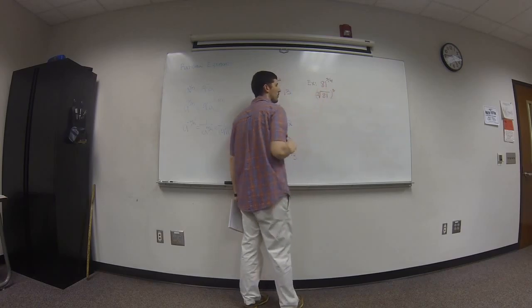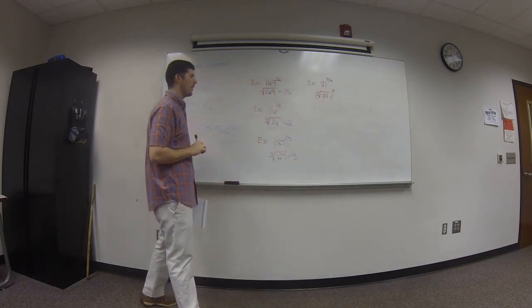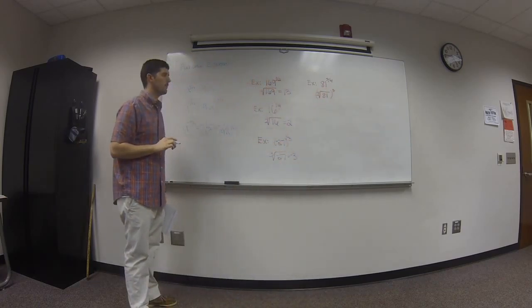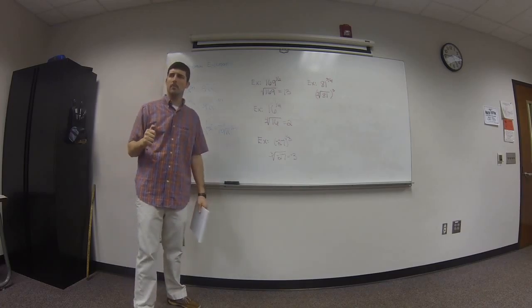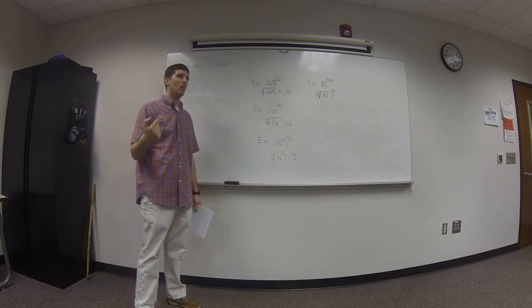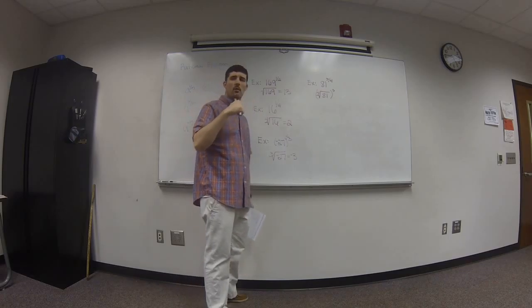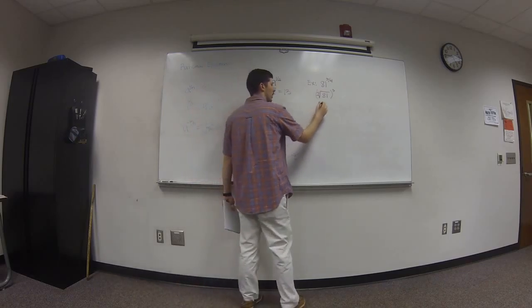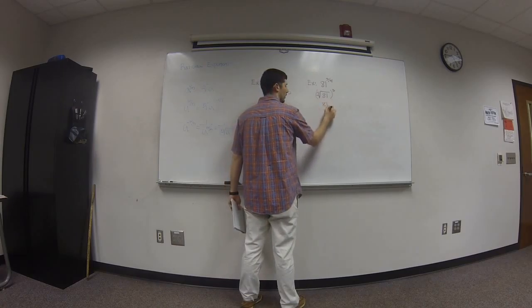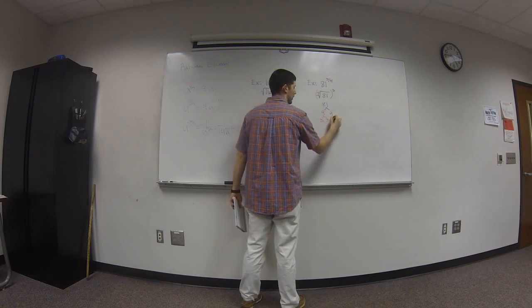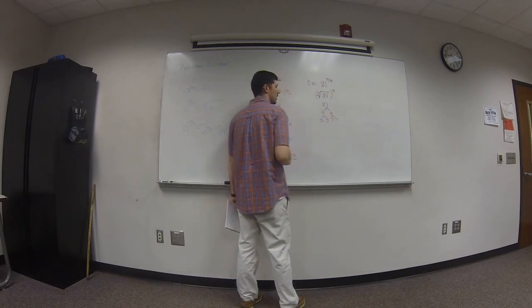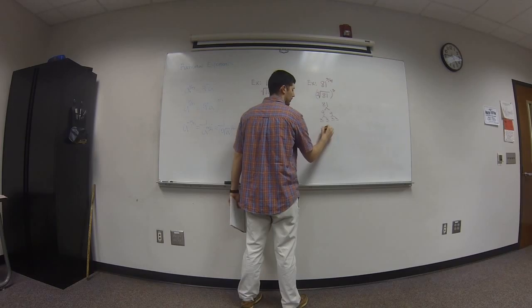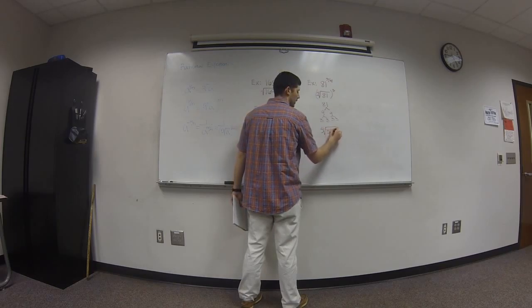If you don't know the fourth root of 81, we can figure it out by simplifying the way that we did in our last video. I'm going to find the prime factorization of 81. So that's 9 times 9, which is 3 times 3 times 3 times 3. And so we can rewrite 81 as 3 times 3 times 3 times 3.